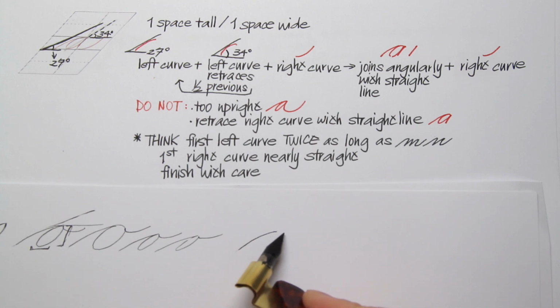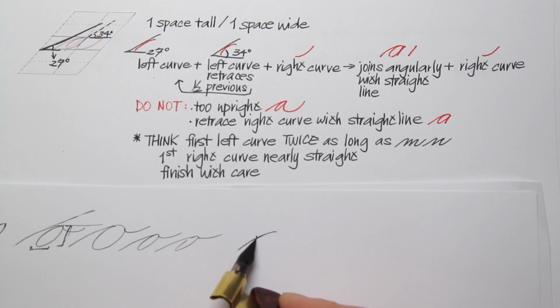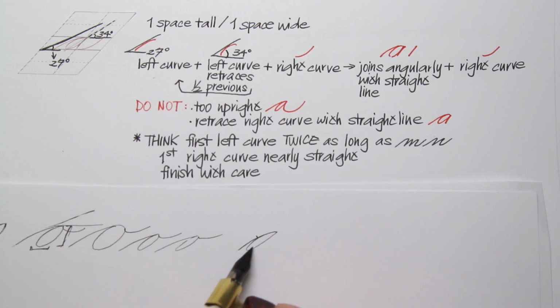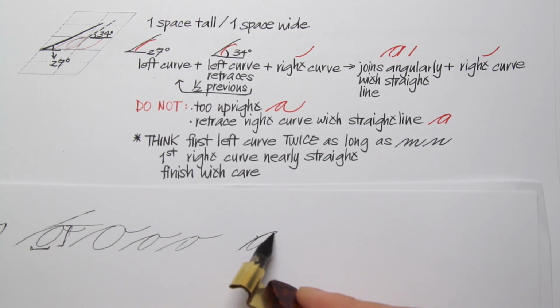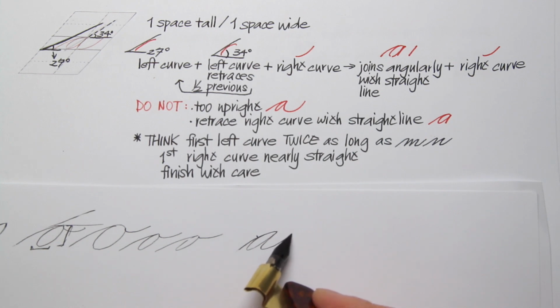The second left curve retraces half of your beginning left curve, like so. Right curve up joins here angularly, just like the letter O, with a straight line, and finishes with a right curve.